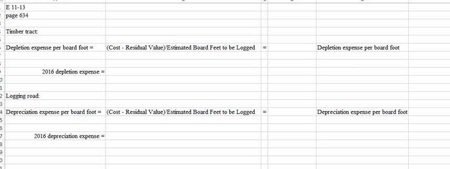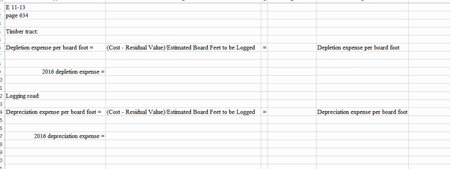The cost of the roads, which have no residual value and no alternative use after the tract is cleared, was $240,000. During 2016, Terra logged 500,000 of the estimated 5 million board feet of timber. Calculate the 2016 depletion of the timber tract and depreciation of the logging roads, assuming the units of production method is used for both assets.